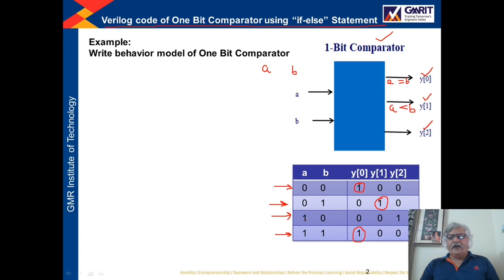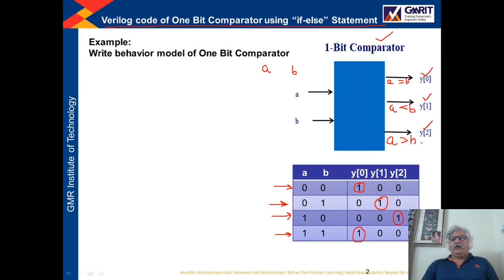When input A is 1 and B is 0, this means A is greater than B, and under this condition output Y2 will be high and the remaining two outputs will be low. So my Y2 output will be high if A is greater than B.